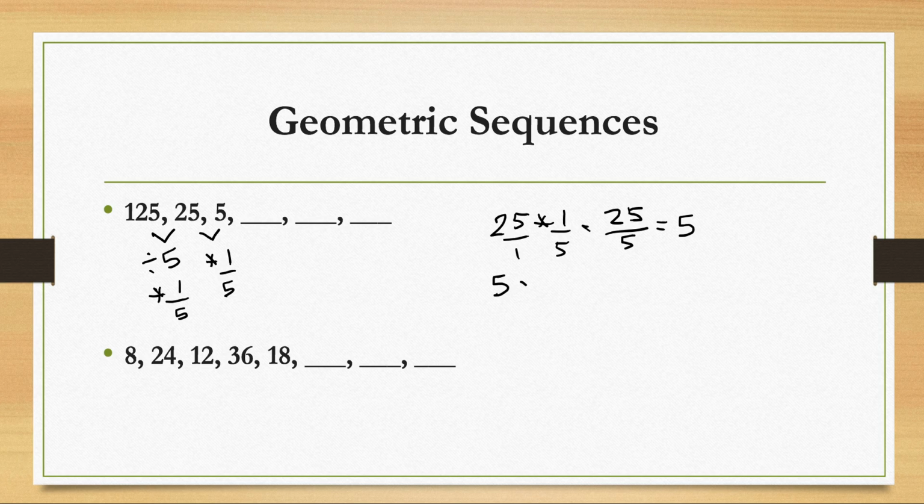All right, so I'm going to go ahead and finish up the other terms. So I'm at 5 now. I'm going to multiply by 1/5. It's going to give me 5 on the top and 5 on the bottom, which is going to give me a 1. Then we're at 1 and we're going to multiply by 1/5. That one is fairly easy. 1 times 1/5 would stay 1/5.